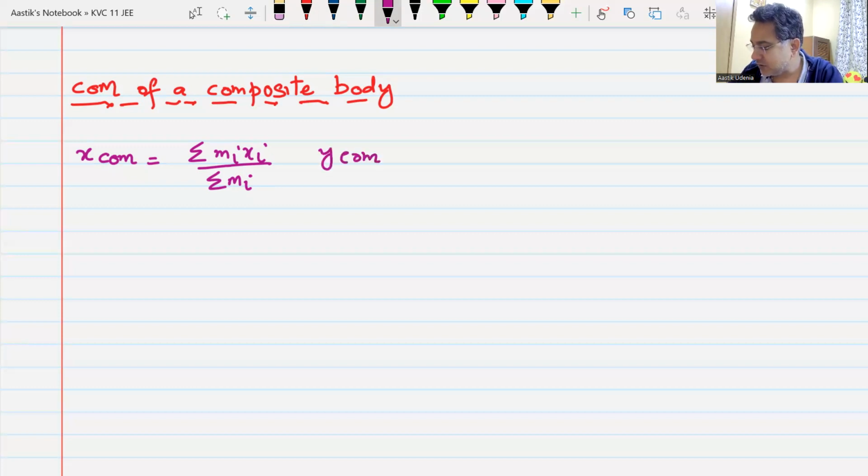Similarly, for the y position of center of mass, I repeat the same steps. This is how I can find the center of mass of any composite body or structure.